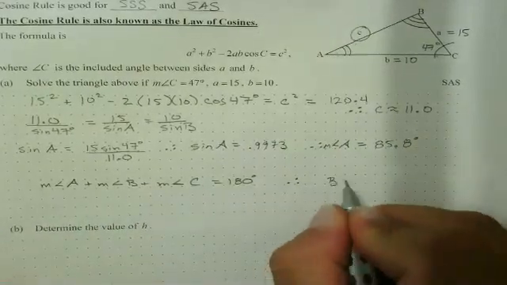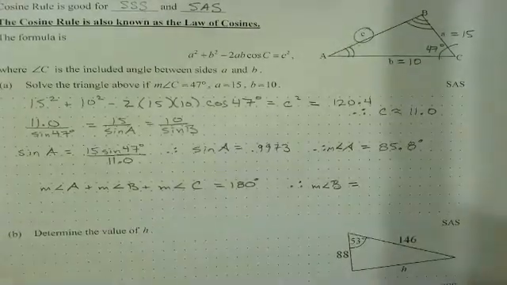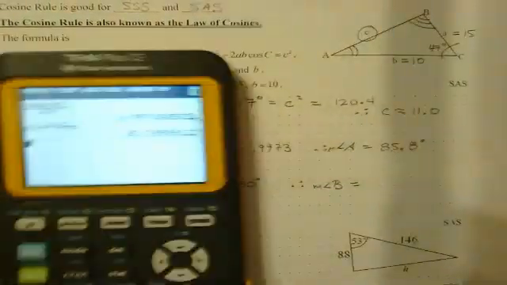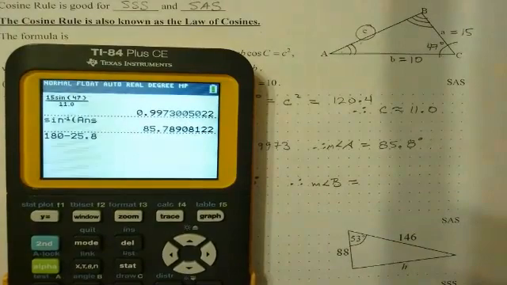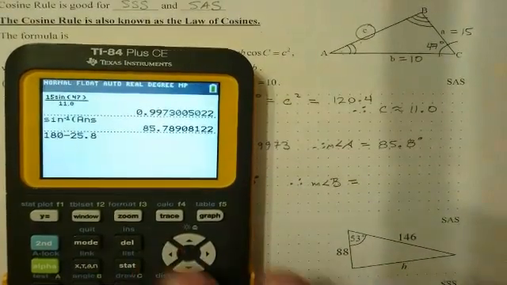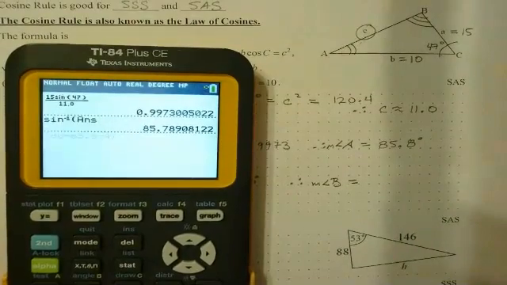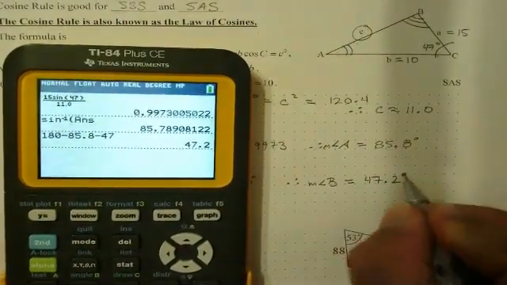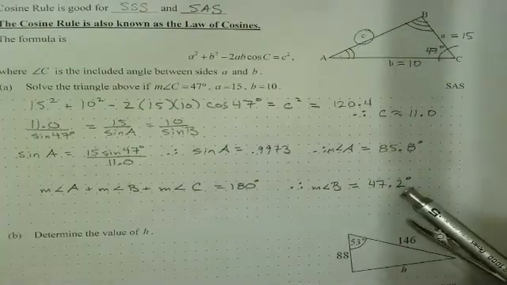So the measure of angle B is going to be 180 minus 85.8, and minus 47. So angle B would be 47.2 degrees. Right? And hopefully that makes sense on the values.